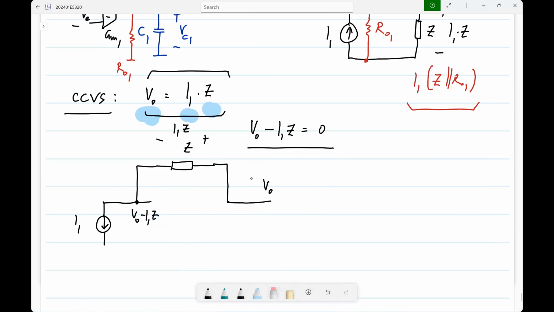Now, based on this, I should control the output. So what should happen if V0 minus I1Z is less than 0? What should happen to V0?